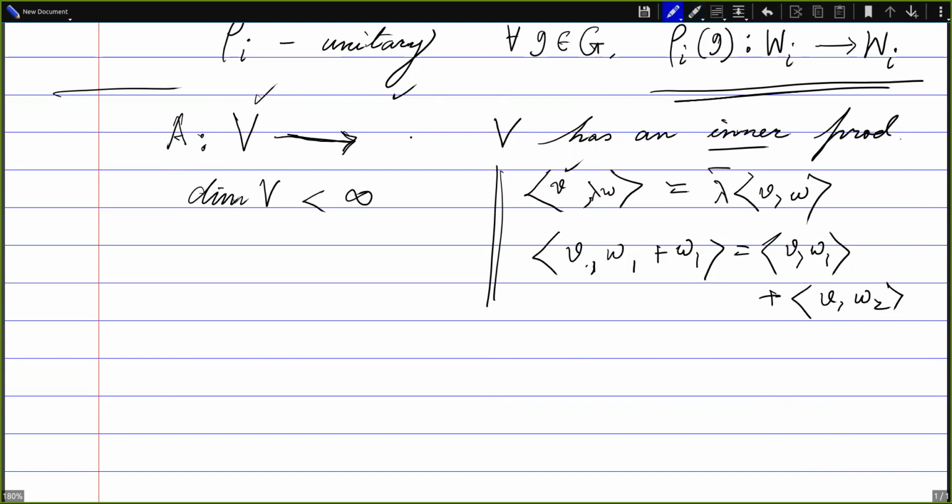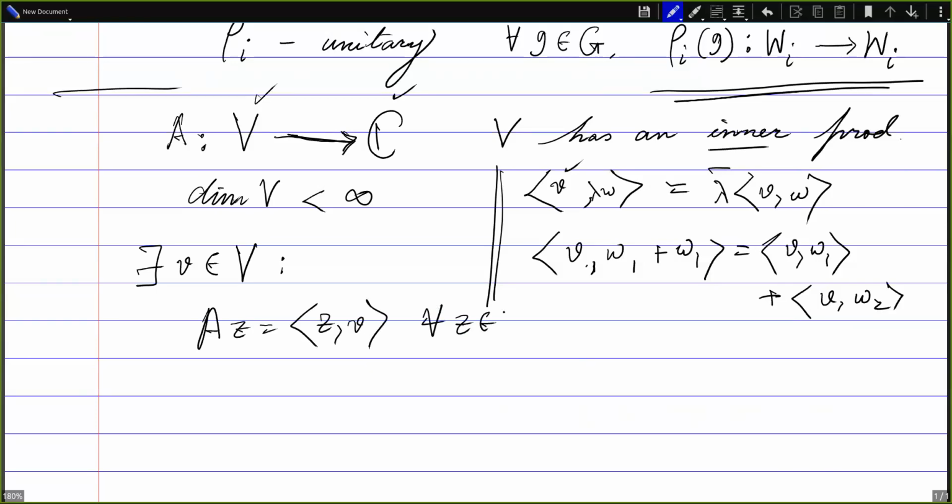Consider a linear functional A from V to C. The Riesz representation theorem says there must be a vector V in V such that A(Z) is the inner product of Z and V, for every Z in V. So the Riesz representation theorem describes the structure of a linear functional on a finite dimensional inner product space.